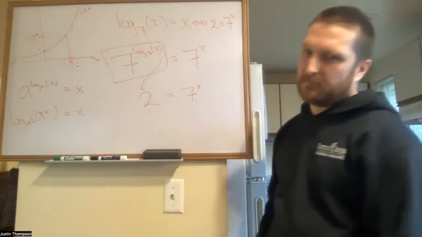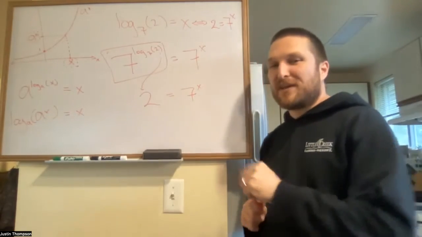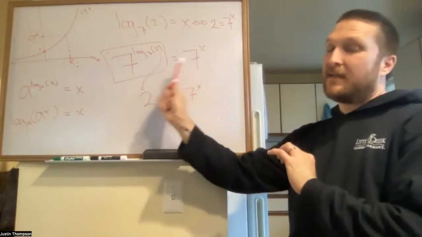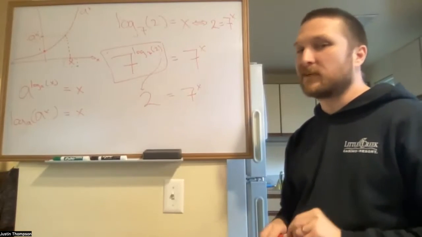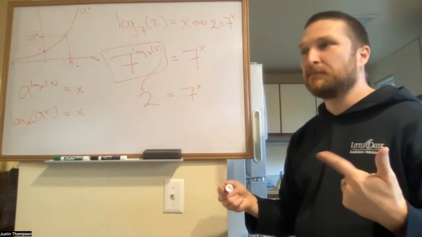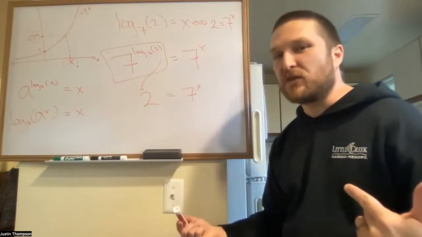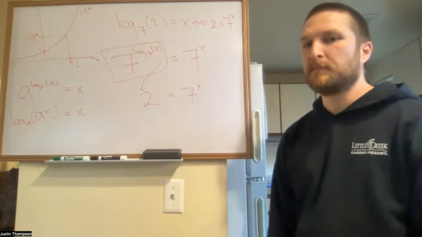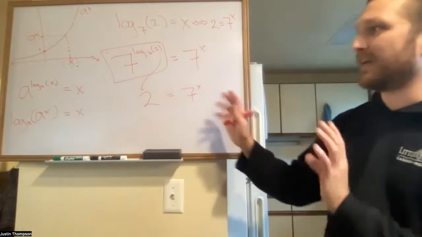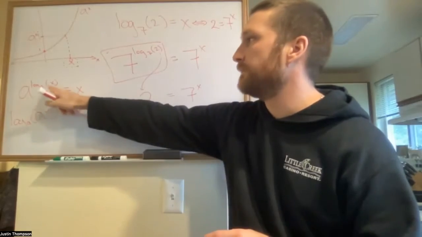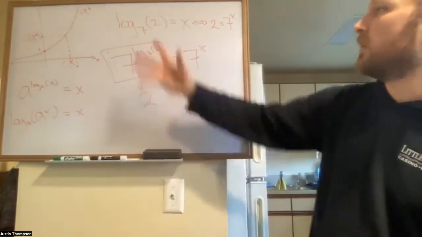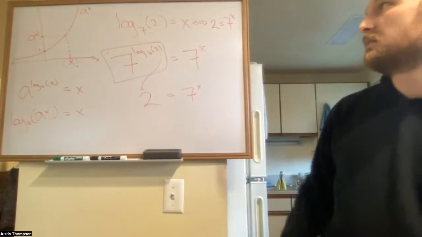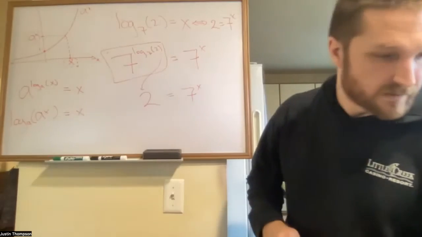And it had better be. But you want to get in the habit of doing it this way, because trust me, it is so much easier to think about. Now you don't have to use your brain, you just cube both sides, square both sides. That's what we're doing here. We're learning how to undo this, right? So when you have something like this, how do I do it? Well, you take both sides to the 7, right? And so I'd like to see it both ways there.